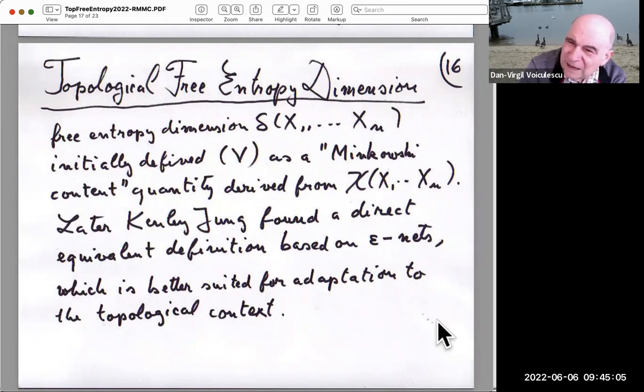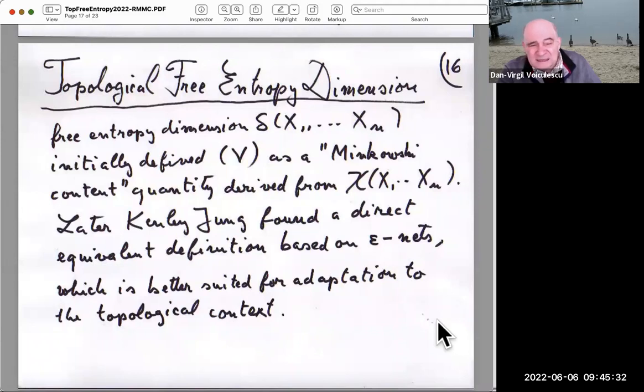On these microstate spaces, one takes something like a Minkowski content. And Kenley Jung has found a very useful equivalent definition. It's the same quantity he gets, but it's by a quite different construction.